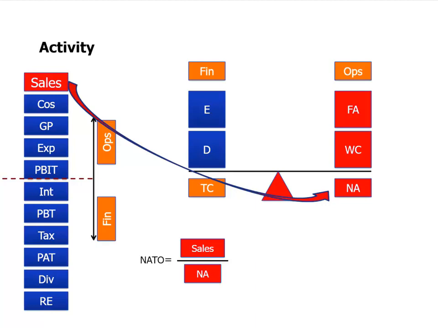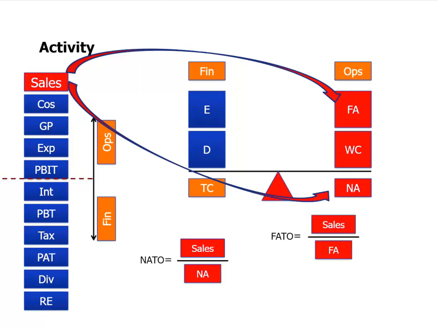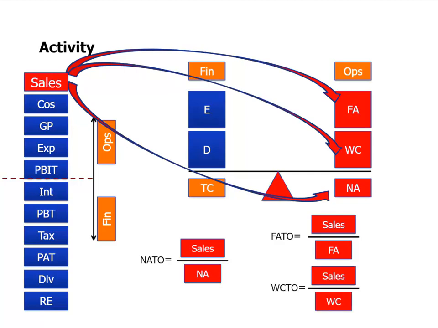We could also explore this in a little bit more detail by asking ourselves how much sales is generated by using the fixed assets in the business and how much sales is generated by using the working capital in the business.